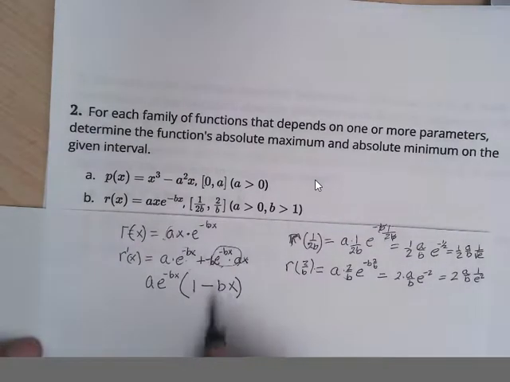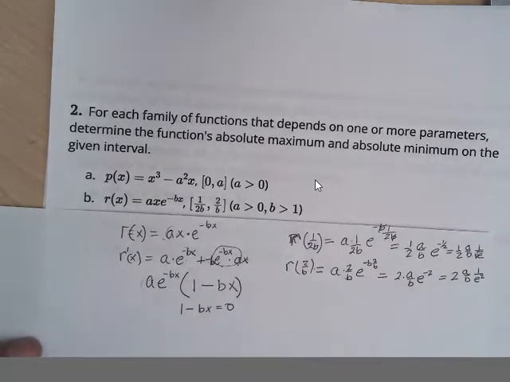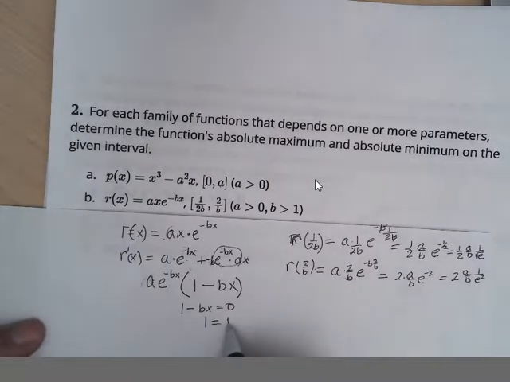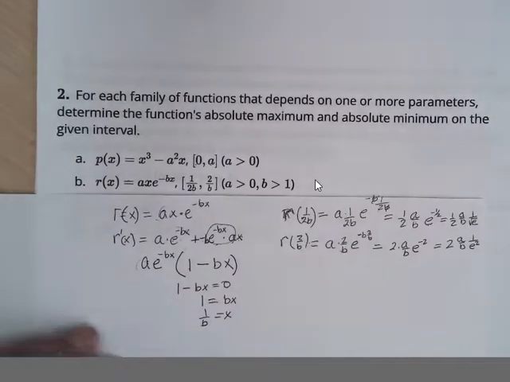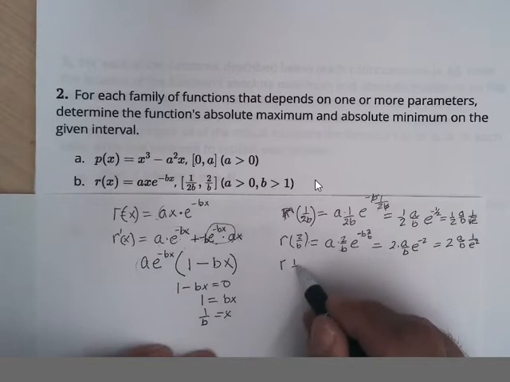So this equals 0 when 1 minus bx equals 0. The other factor is never 0 if a is positive. And so if I add bx to both sides and divide by b, x equals 1 over b. And so now I have to find r of 1 over b.